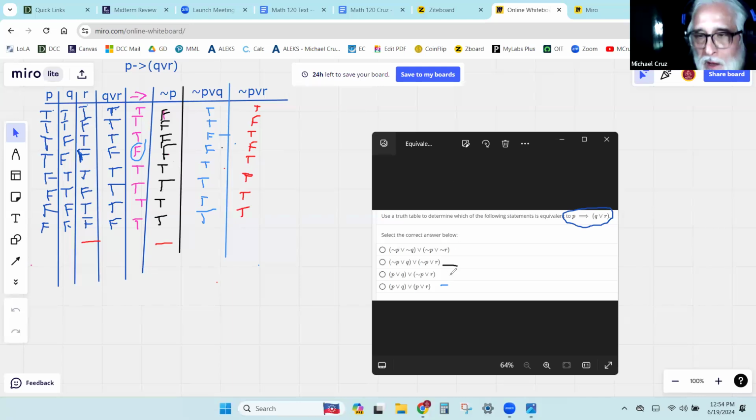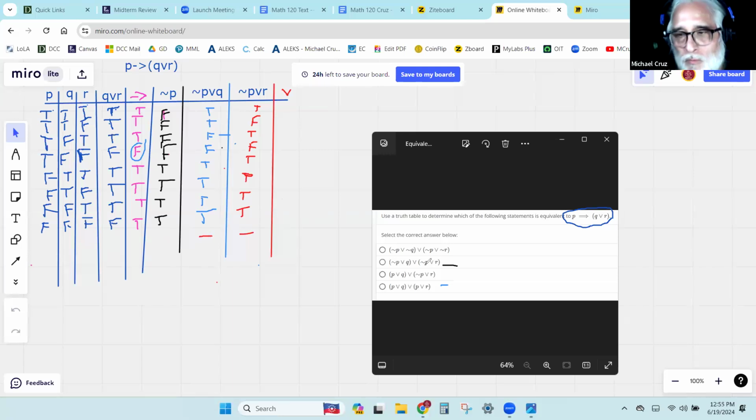Okay, now we're putting them together with the or, another or. So this is the whole thing. And we use an or now on these two. We're doing this or right there.